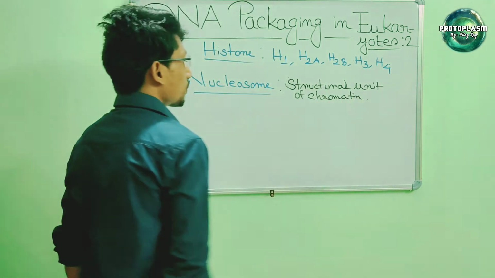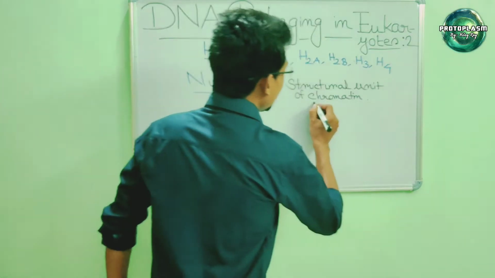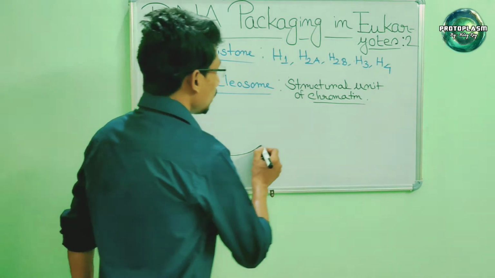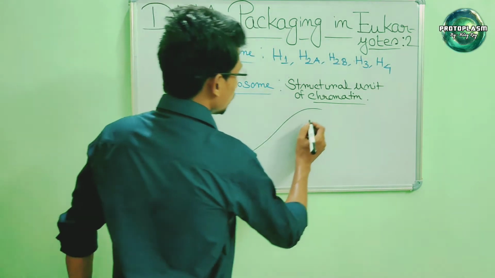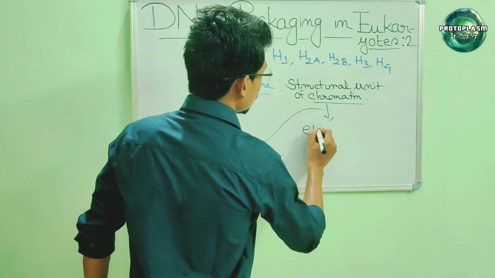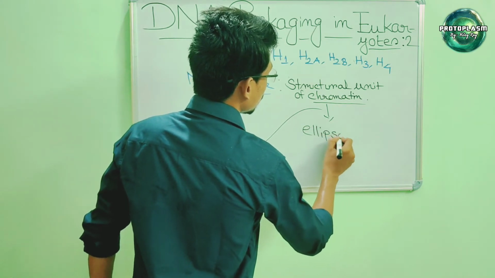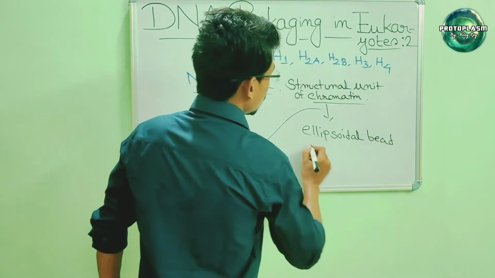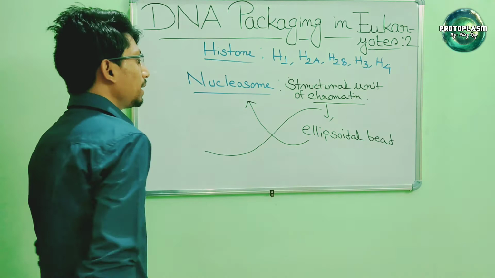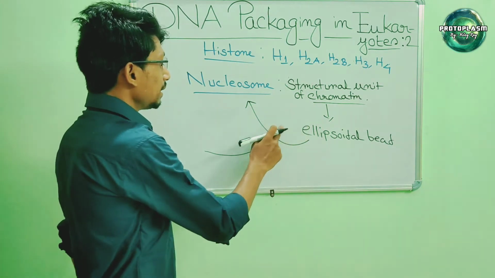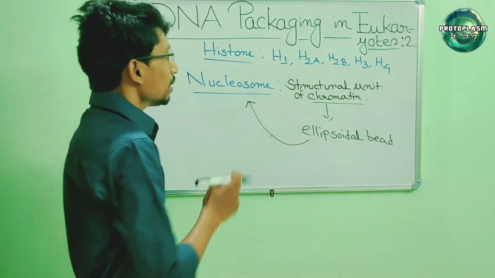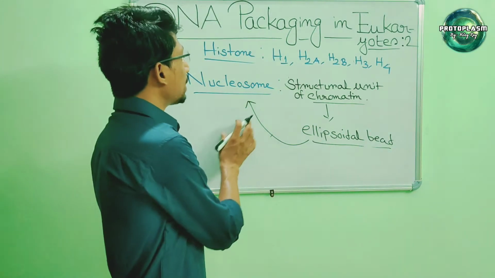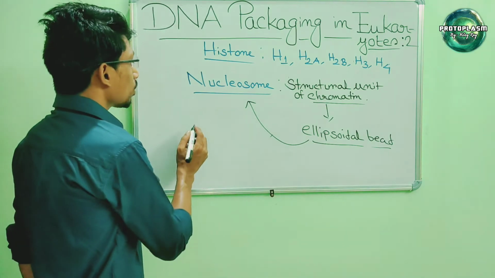If we see the structure of chromatin under the electron microscope, we will find ellipsoidal beads. These ellipsoidal beads are known as nucleosomes, the basic structural unit of chromatin.